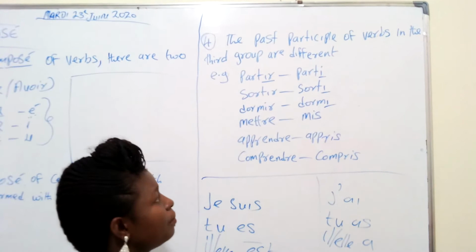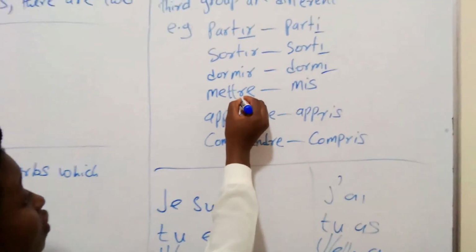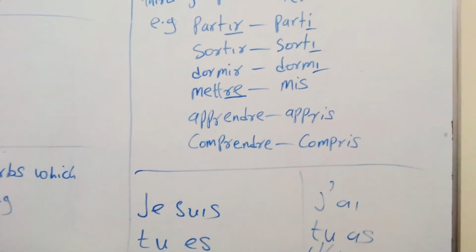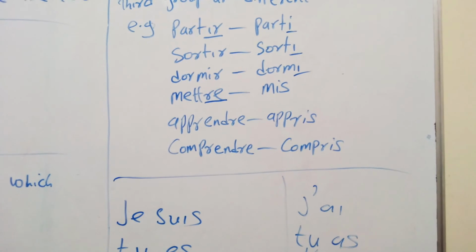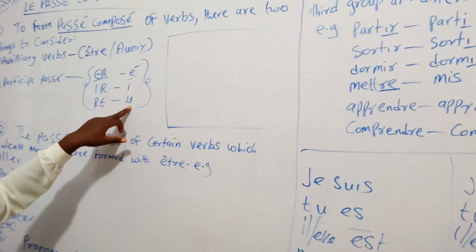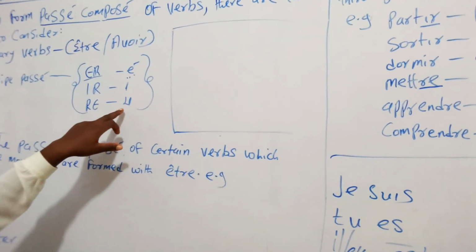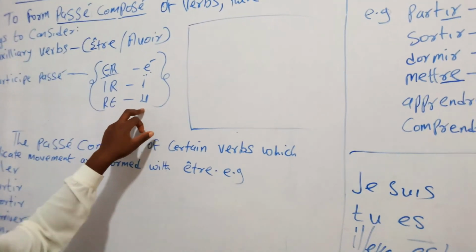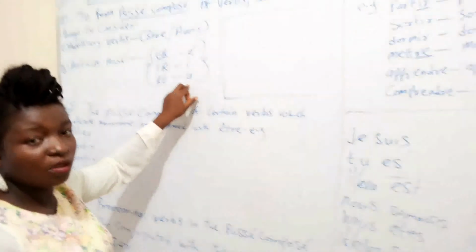But look at mettre. Mettre ends in re. Looking at what we have written here, instead of it ending in u, they are very, very irregular verbs. Verbs in the third group are very, very irregular verbs. By irregular, we mean when conjugating it, there are some changes. They don't follow the normal rule.